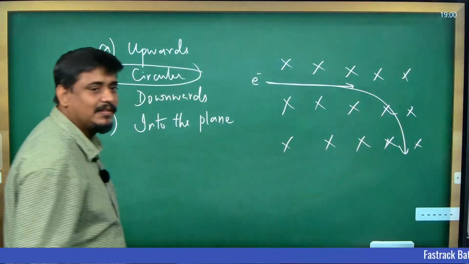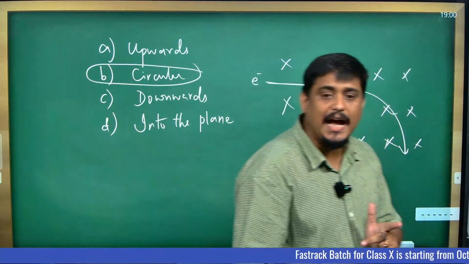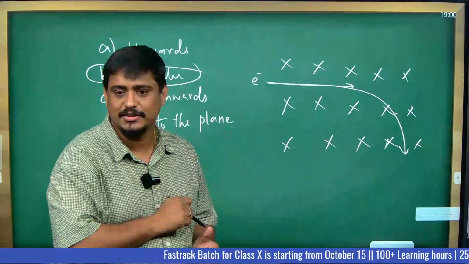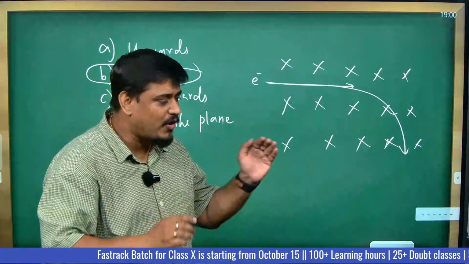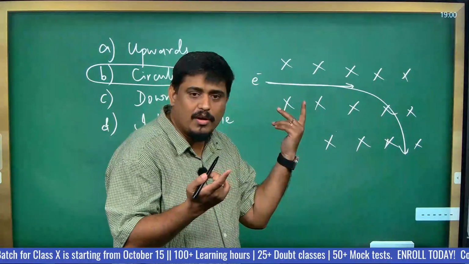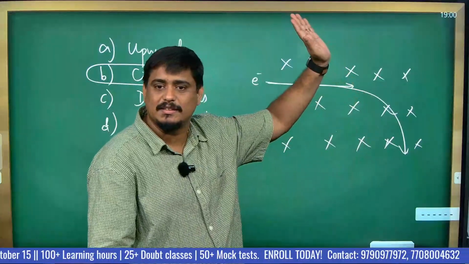Is it right? Let us check. The moment it is trying to go downwards, the direction of electron is changing, so the direction of current will change. If electron is going downwards, current will go upwards.